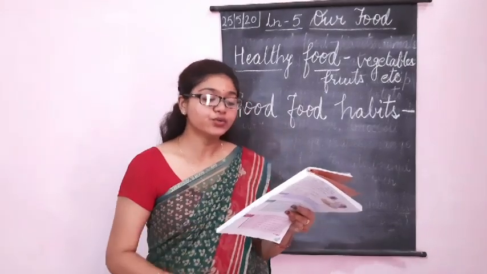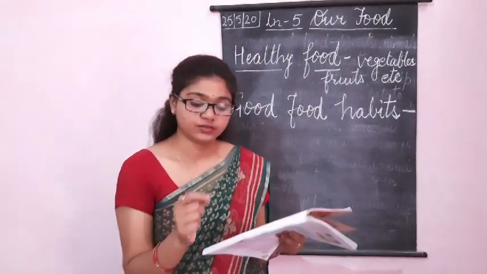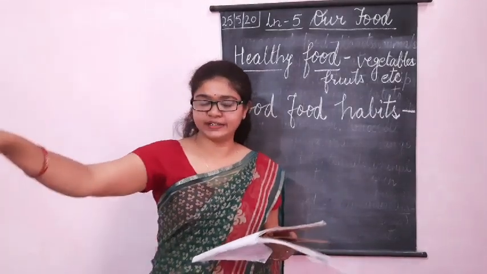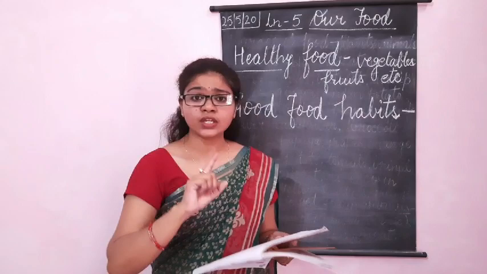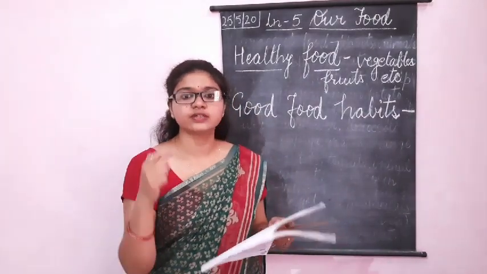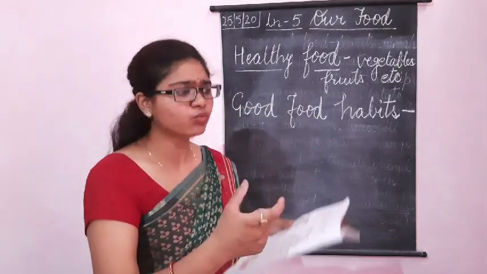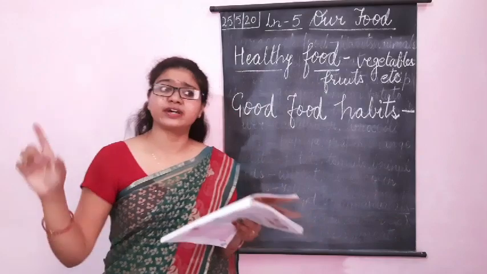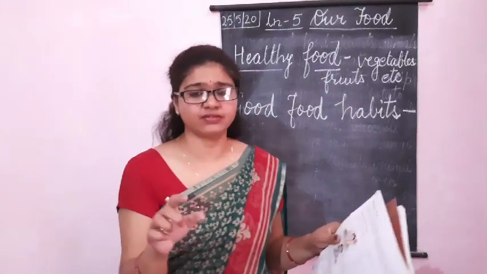Third, do not buy food from roadside vendors. Those who are standing near the roadside, don't purchase any food from there, like momos, chow mein, burger. Just go to a good restaurant and eat there.